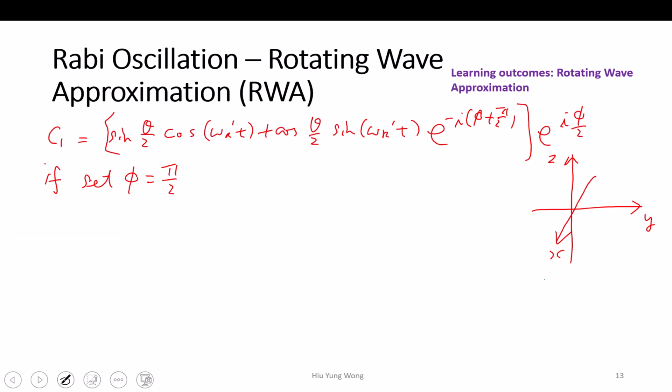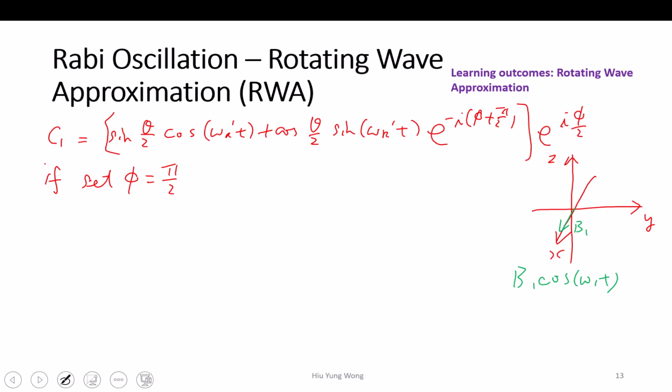And my function is cosine omega 1 t times B1 in this direction. When t equals 0, I have a magnetic field B1 pointing in the positive direction.